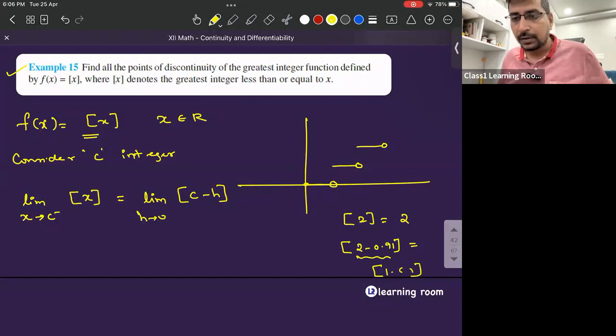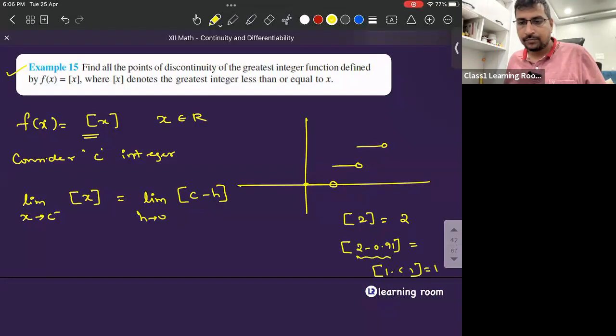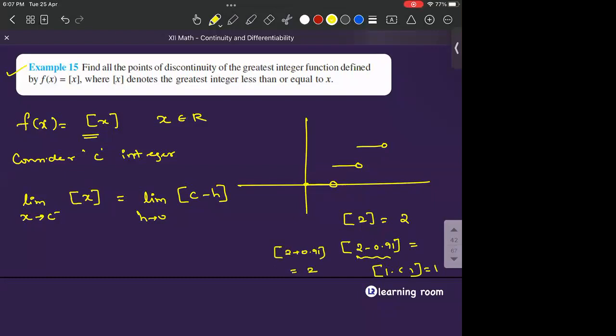I'm not concerned about that something. So what would have been the greatest integer? It would have been 1. Similarly, if I have greatest integer of 2 plus 0.91, what would the greatest integer be? It is 2.